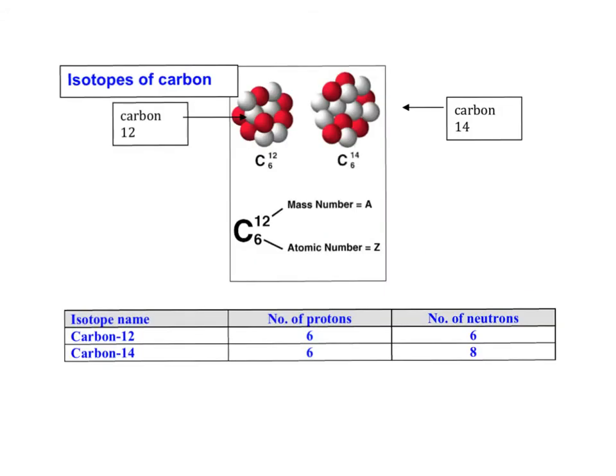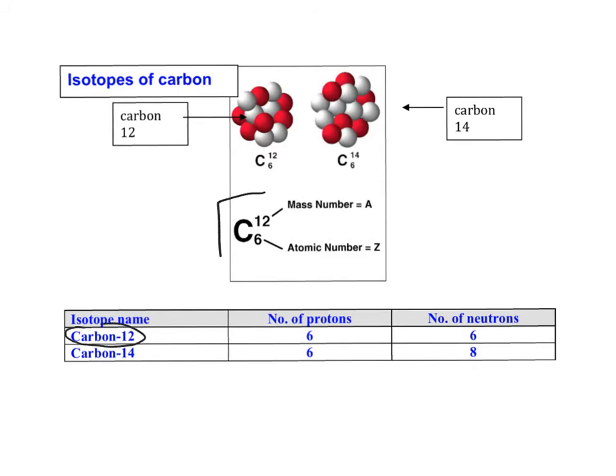The next example of isotopes we're going to look at is that of carbon. Now, carbon is a common element that we find in many living organisms, including plants and trees. But the carbon that we've been dealing with thus far in this syllabus has been what we call carbon 12. It's this one here.